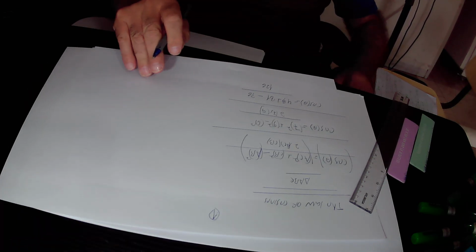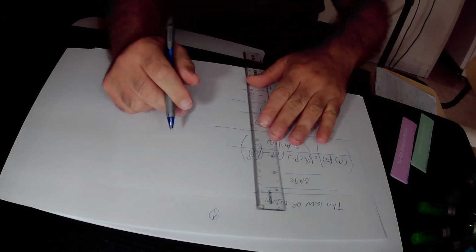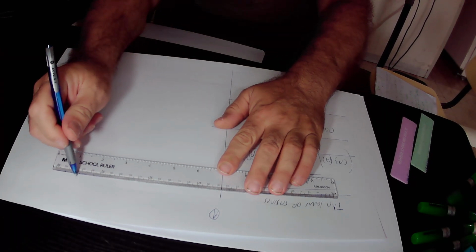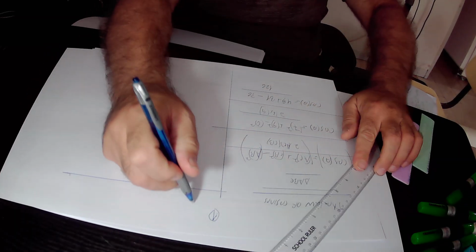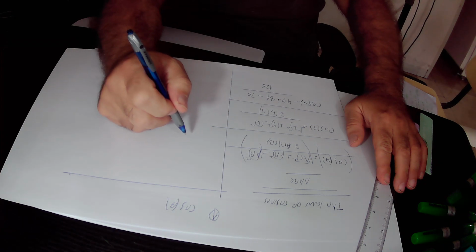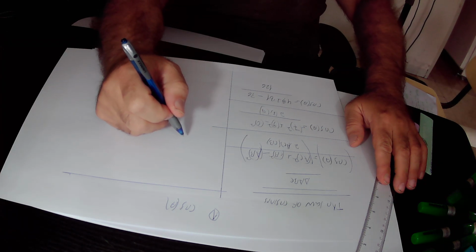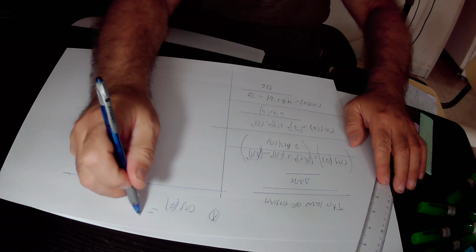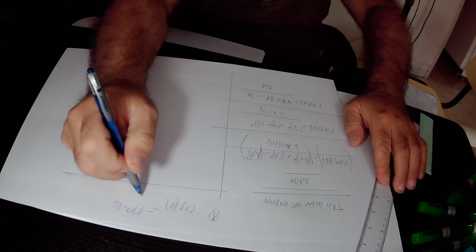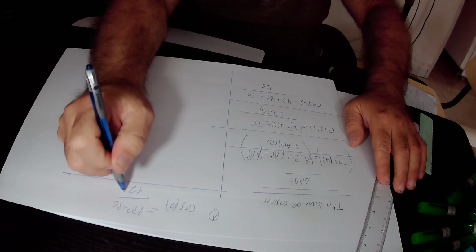So in total cosine theta equals 49 plus 81 is 130, minus 36 over 126.